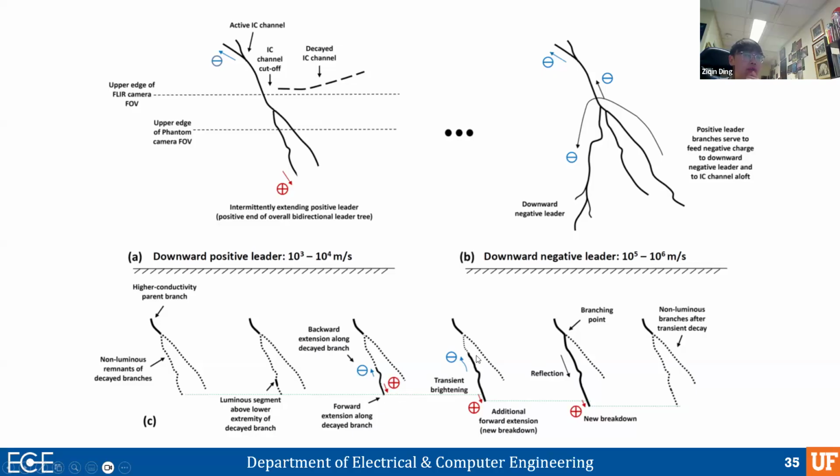After the negative end connects to the parent channel, there will be a reflection caused by the connection, which facilitates a new breakdown at the positive leader tip. Then it will decay, and a similar sequence will happen many times for the positive leader stage.